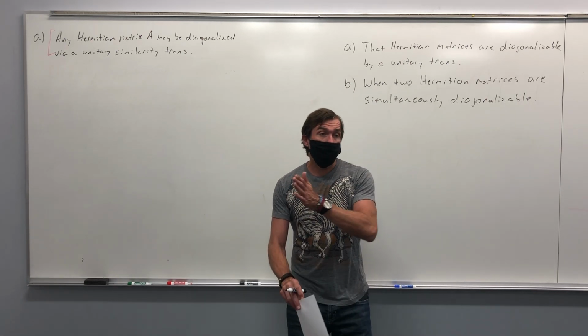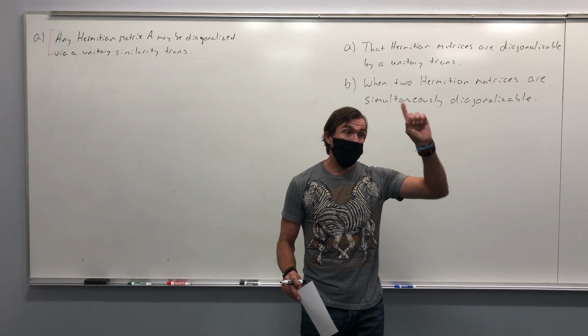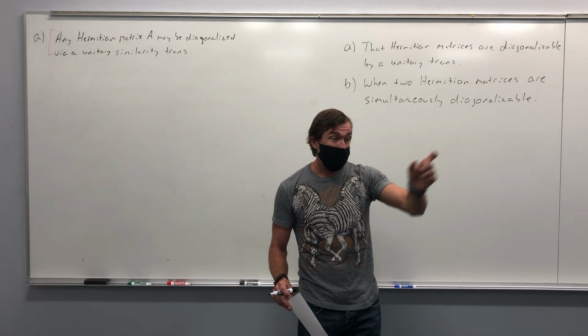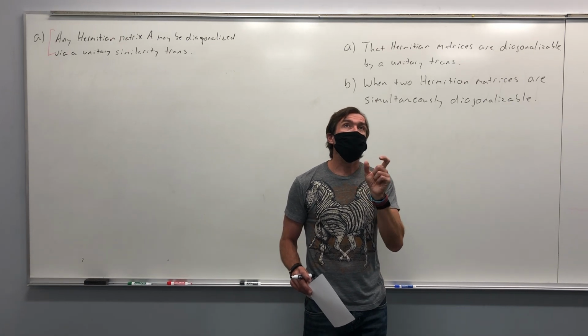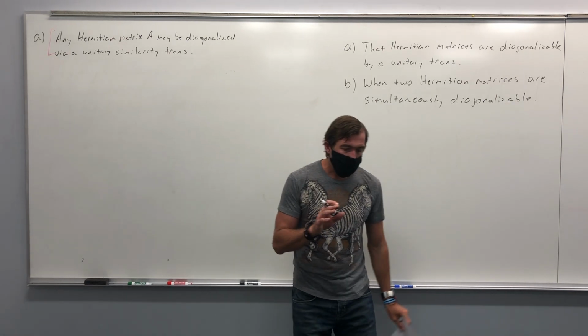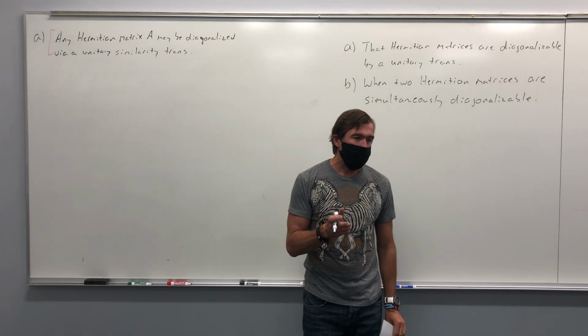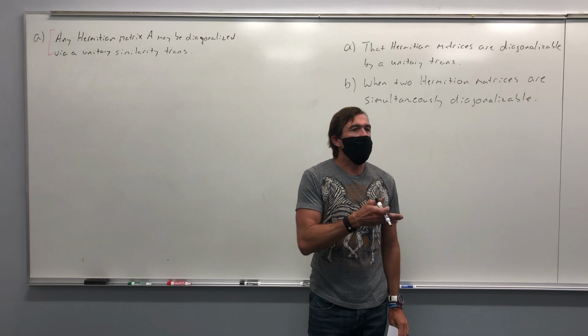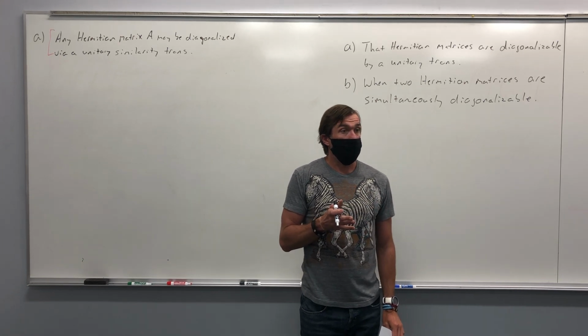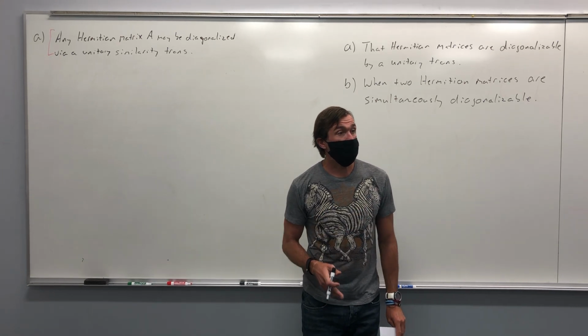Because if all of your eigenvalues are distinct, every eigenvalue gets one eigenvector. I should say, if you have an n by n matrix, then you're always going to get n eigenvalues. Some of them might take the same value. That's the algebraic multiplicity.